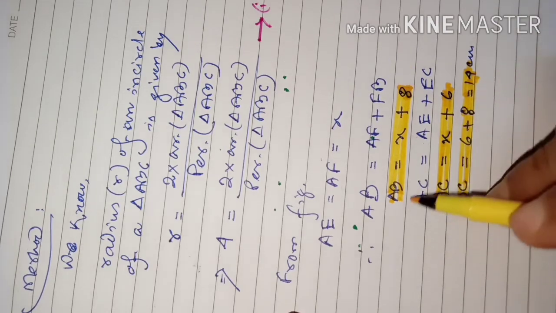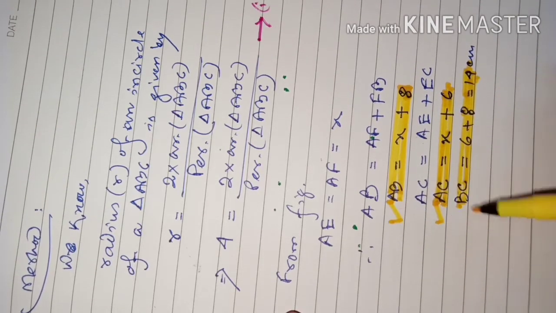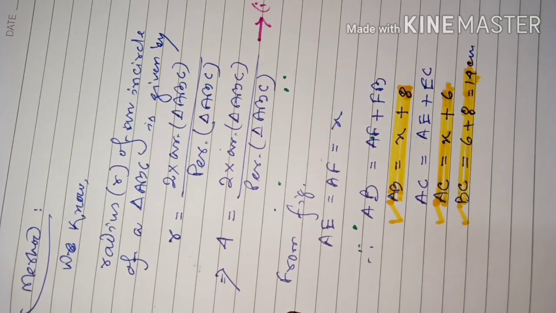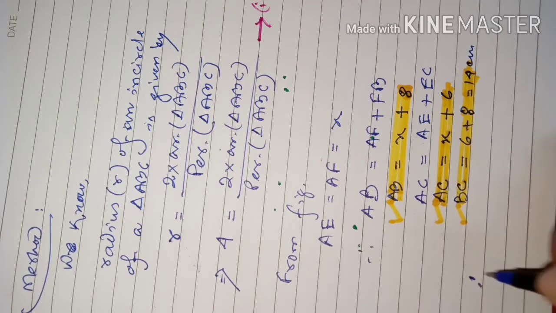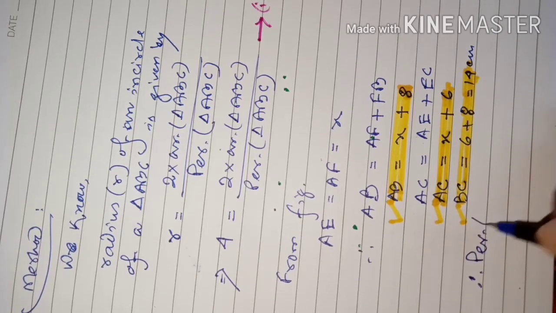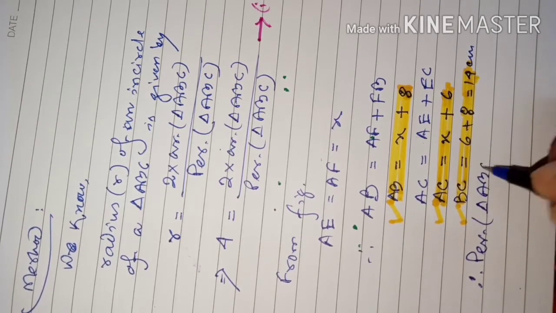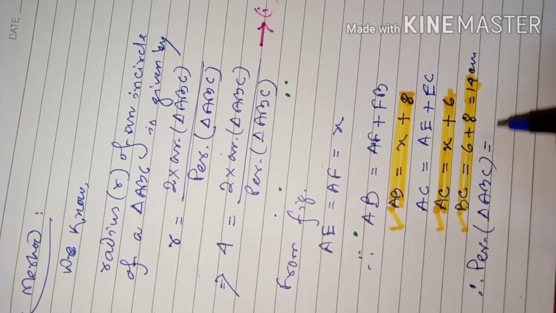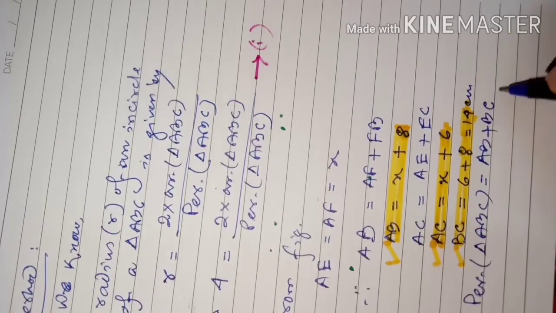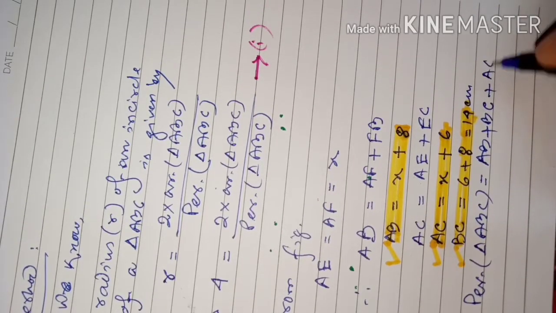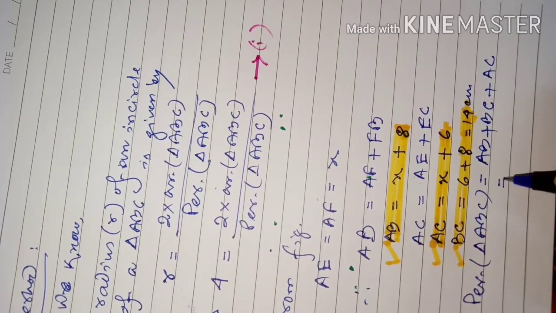Then sum of these 3 sides AB, AC, BC is called perimeter of the triangle. Therefore perimeter of triangle ABC, perimeter is always sum of the 3 sides, AB plus BC plus AC. Okay, then AB is what? x plus 8.